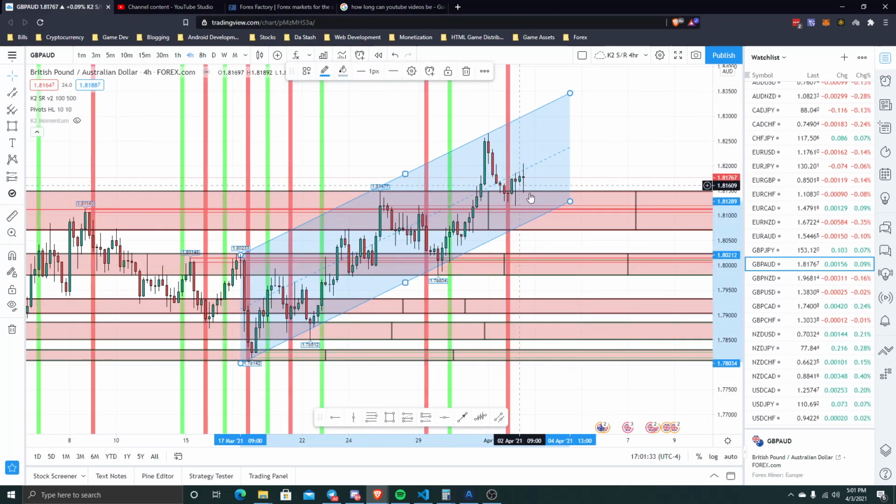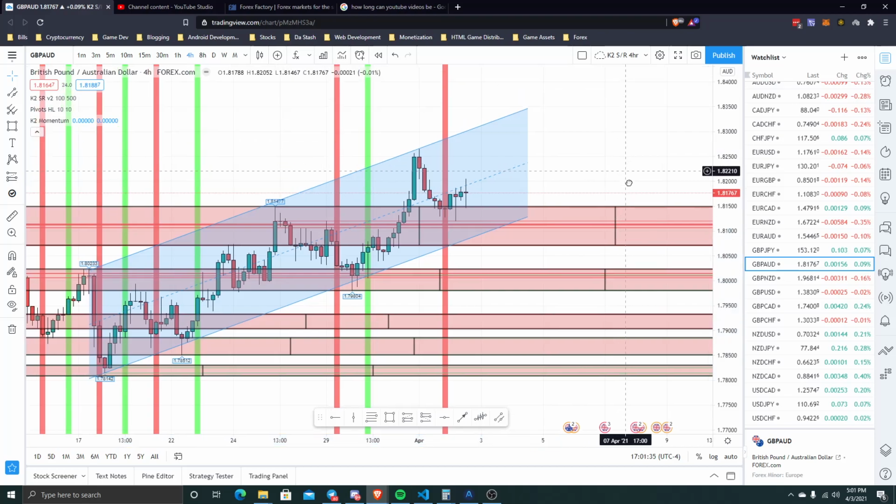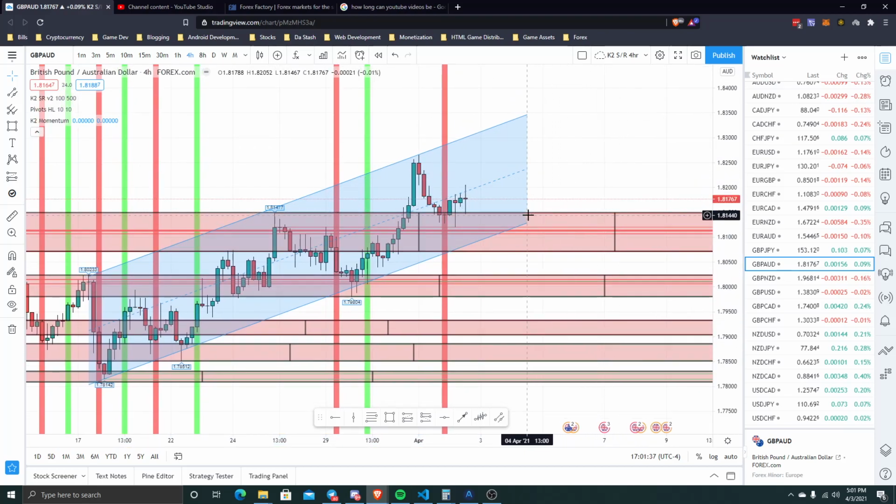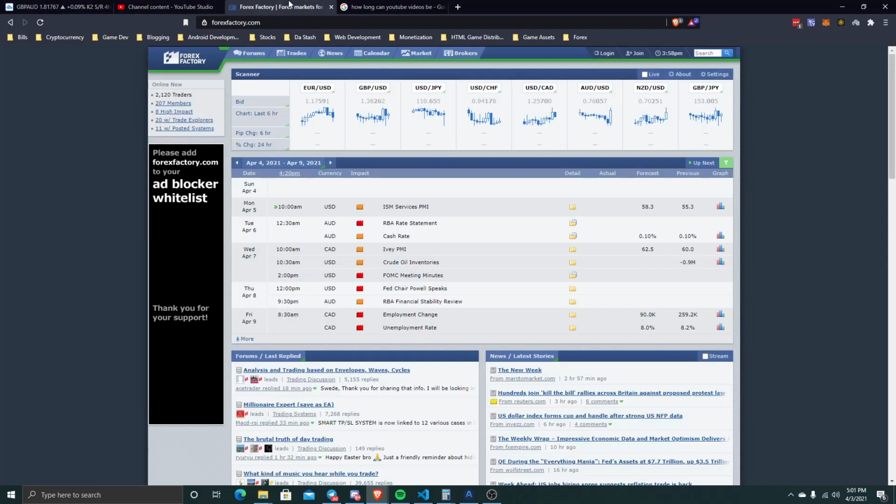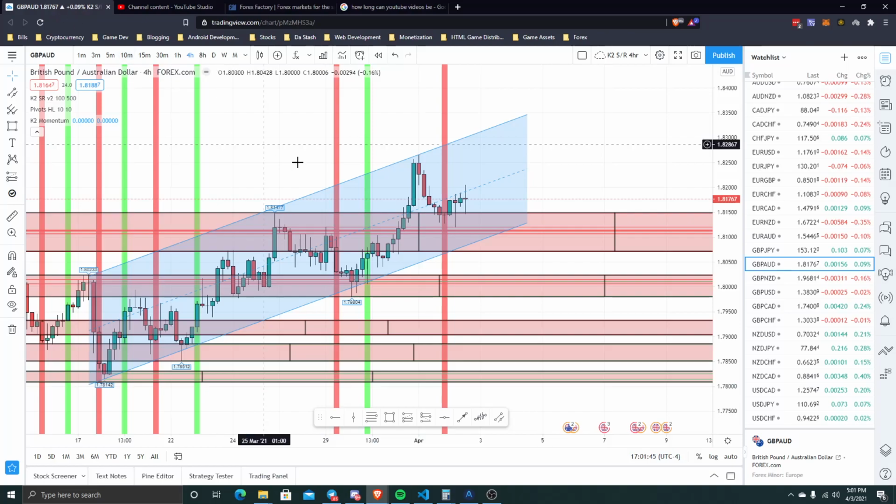For our current bias, there's a bearish bias. So I don't think it's going to stay in this bearish bias for long. But with the upcoming AUD news, this pair is going to be affected pretty heavily.